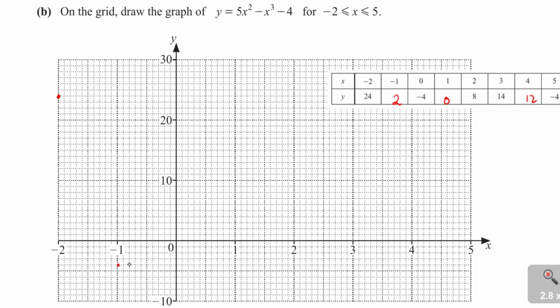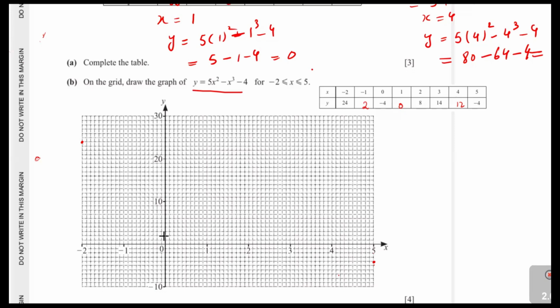And then second point is minus 1, 2. Look here, this is 2 and this is minus 1, where the horizontal and vertical lines meet. This position will be minus 1, 2. Next is 0, minus 4, the point on the y-axis where the x-coordinate is 0 and the y-coordinate has some value. Look here, we have to mark 0, minus 4. This position will be 0, minus 4.